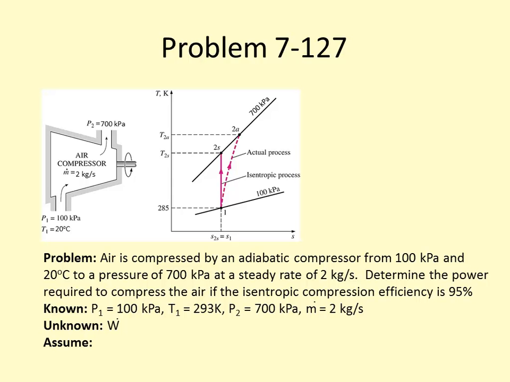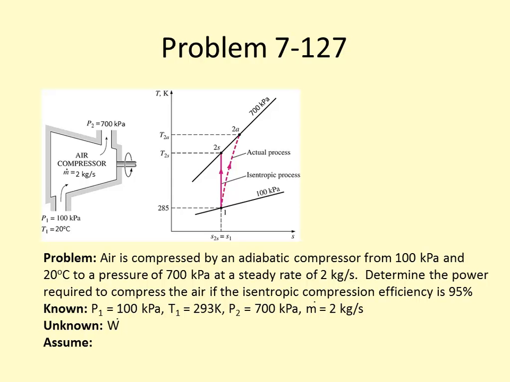So now we can calculate our isentropic work. C sub P, we just assume is at 350 Kelvin-ish, it doesn't change very much. So m dot is given to us in the problem as 2 kilograms per second.